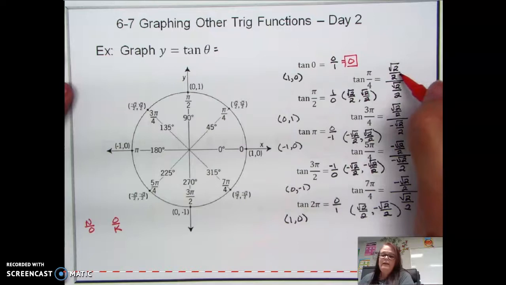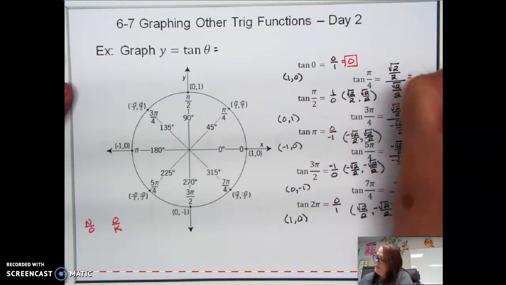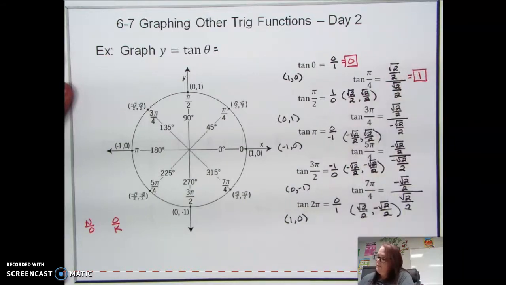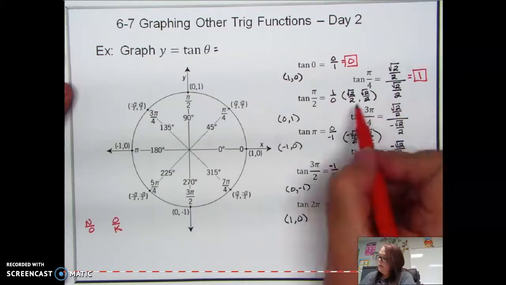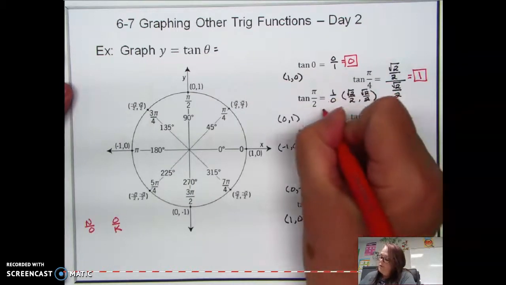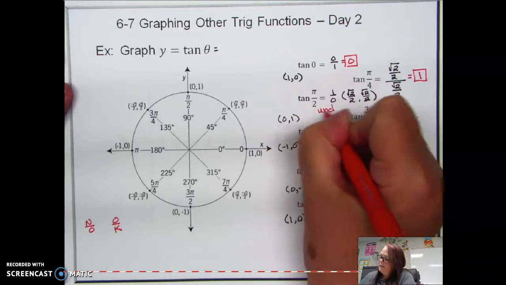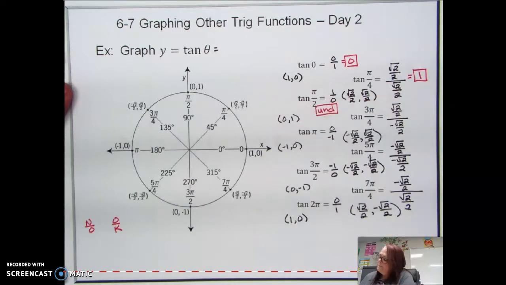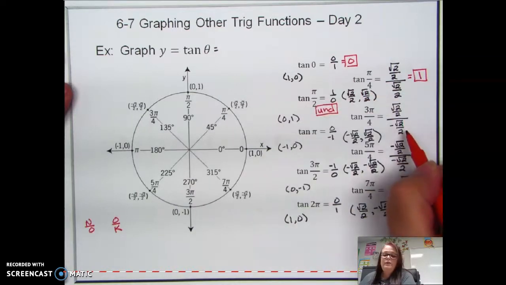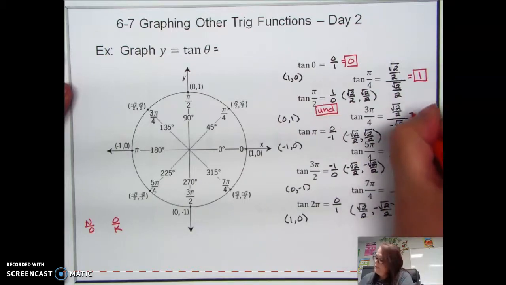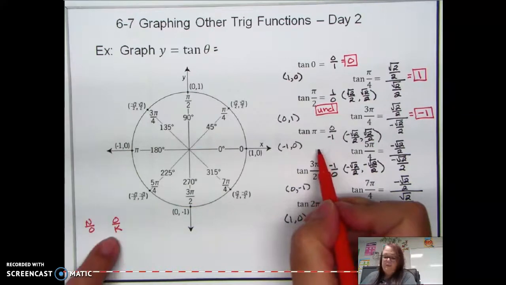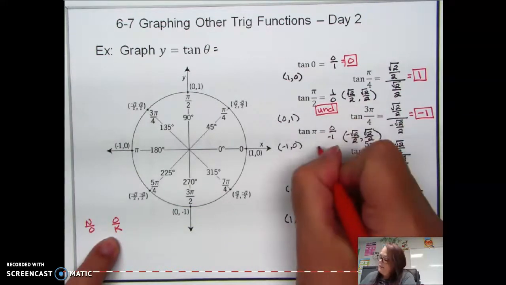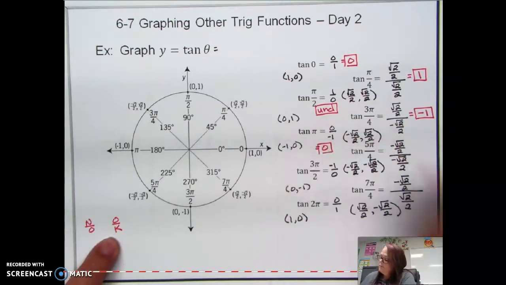Over here, I've got a number divided into itself, so that's going to give me a positive 1. Over here, this is a no, so this is going to be undefined. Over here, I have a positive value divided by its opposite, so that's going to give me negative 1. Over here, this one is an okay, and so that's going to give me 0.